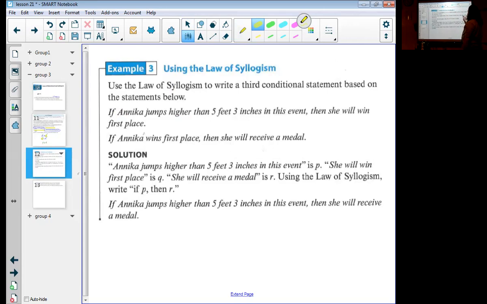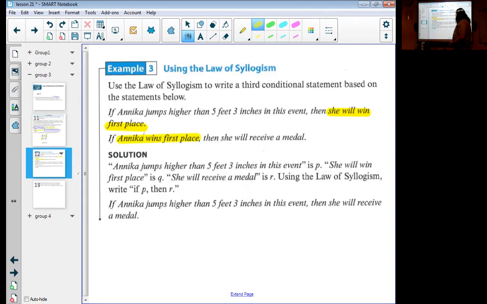Well, here we have she will win first place as a conclusion. If she jumps higher than 5 foot 3 inches, then she'll get first place. Well, here we have Anika will win first place, and here we have Anika wins first place. Those two things are the exact same.